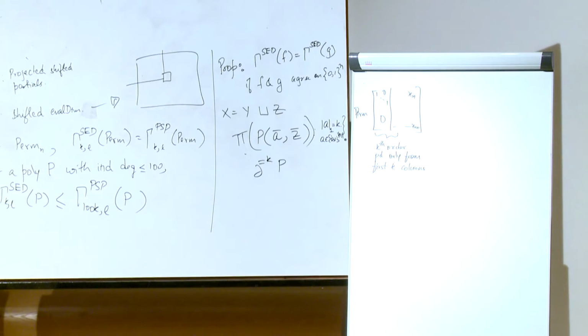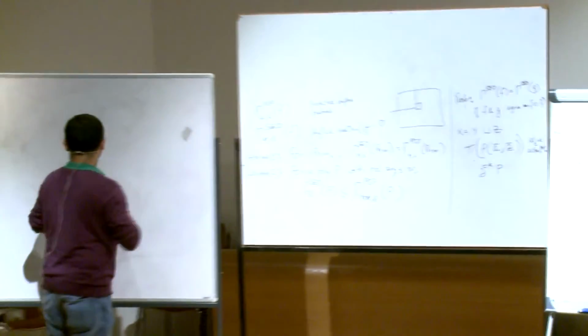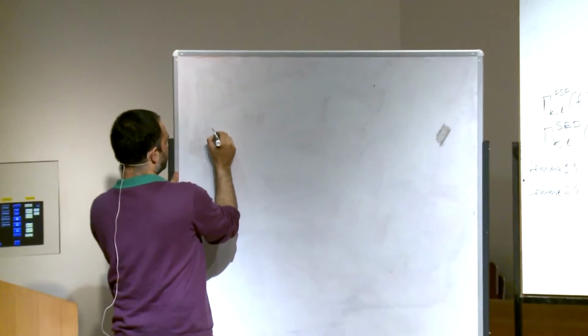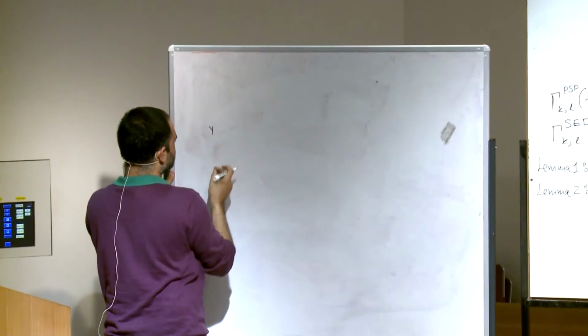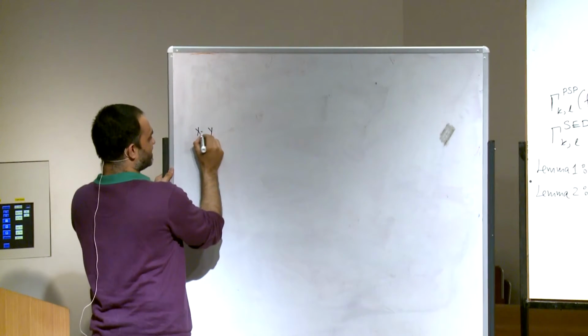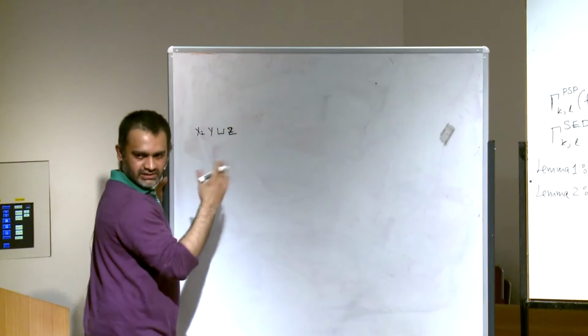So I want to make sure that P is a polynomial that could possibly have large individual degree. Now I want to make sure that I haven't lost too much. So here is a claim. So I have some x which is y plus z, which is some partition.